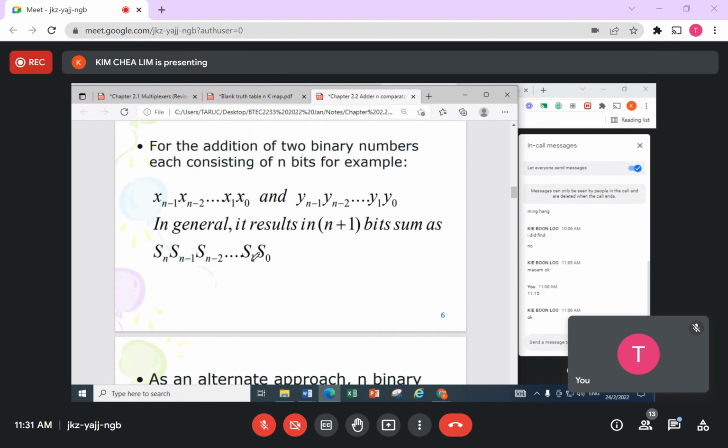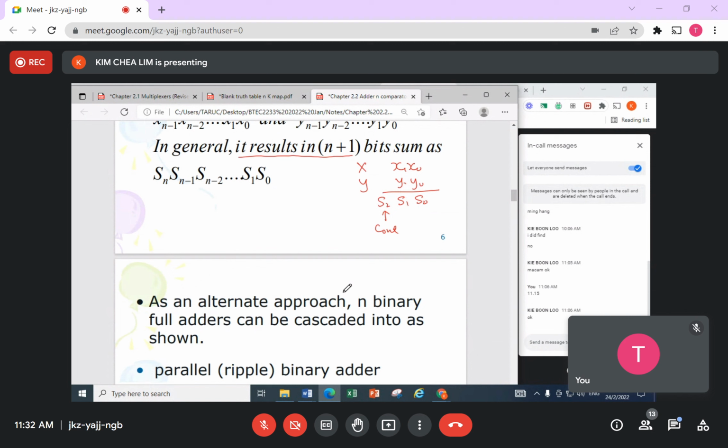If you are adding, like I mentioned just now, the x and my y, you have x1, x0, y1, y0. Then the result comes out as S0, S1, as well as S2. This S2 forms your carry out. So in general, the result is n plus 1 bits. You see, 2 bits in, but the result is 3 bits. So n here is 2, but the result comes out as 3 bits.